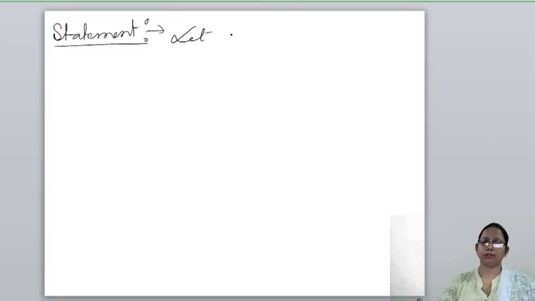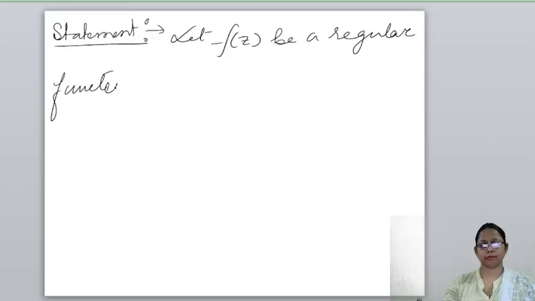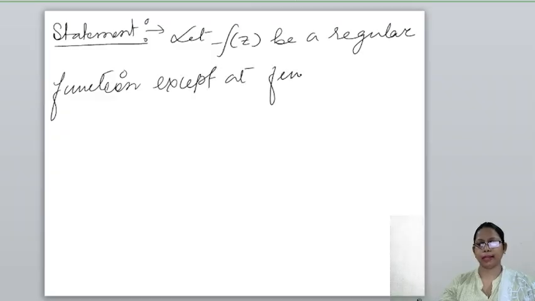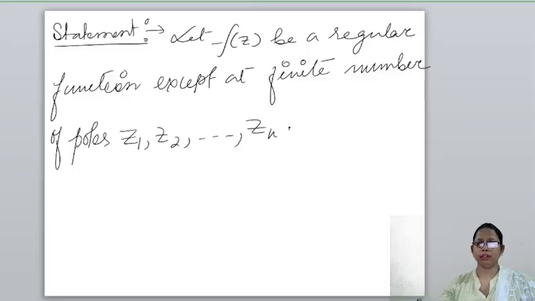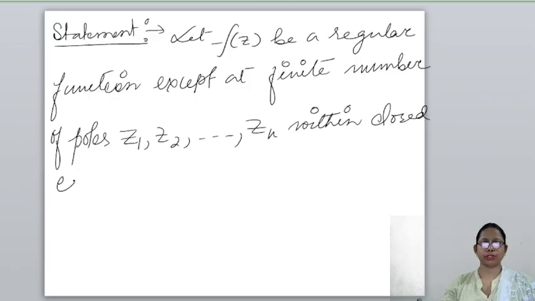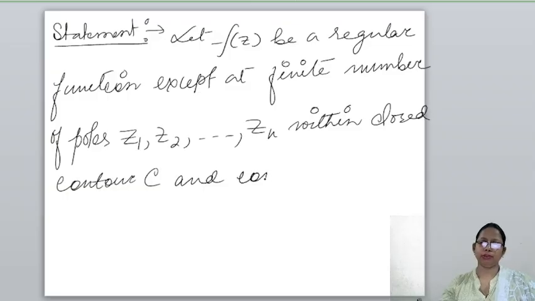Let f(z) be a regular function except at a finite number of poles z1, z2, ..., zn within a closed contour C, and continuous on the boundary of C.